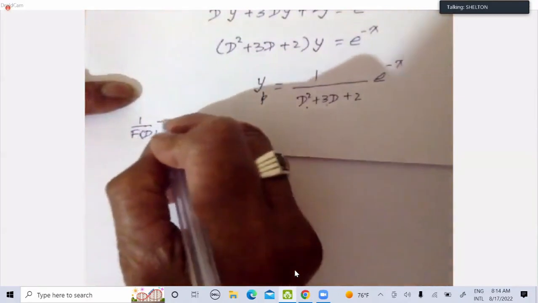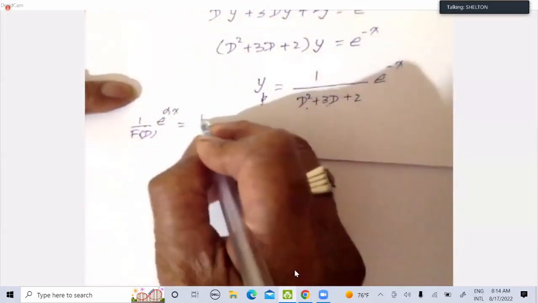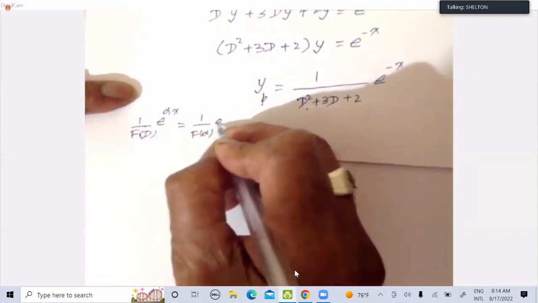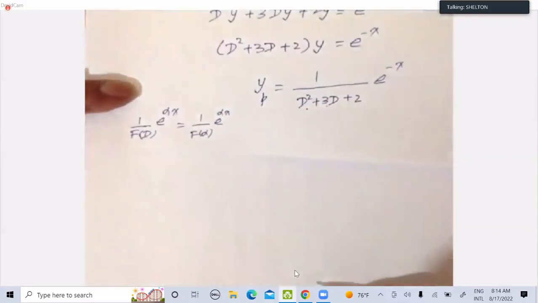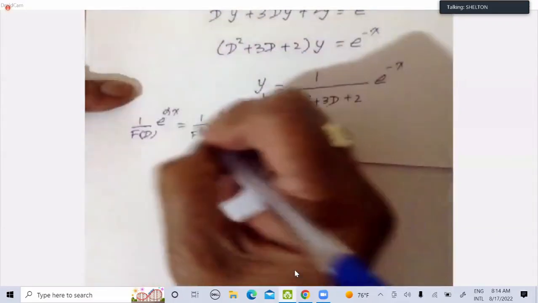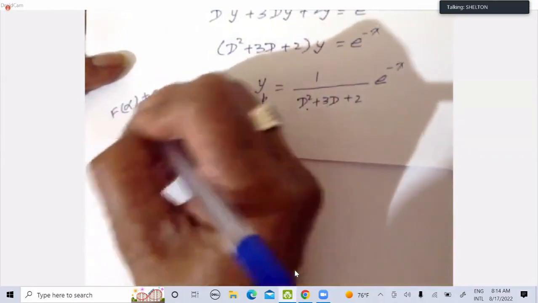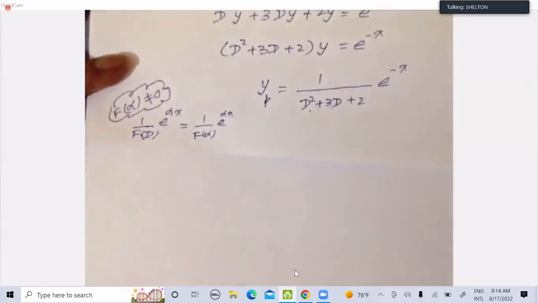If we have this times e to the alpha x, we know the answer is 1 over f alpha times e to the alpha x. All you have to do is substitute alpha for capital D, and this can be applied only when f alpha is not equal to 0. If f alpha is not equal to 0, we can do this.